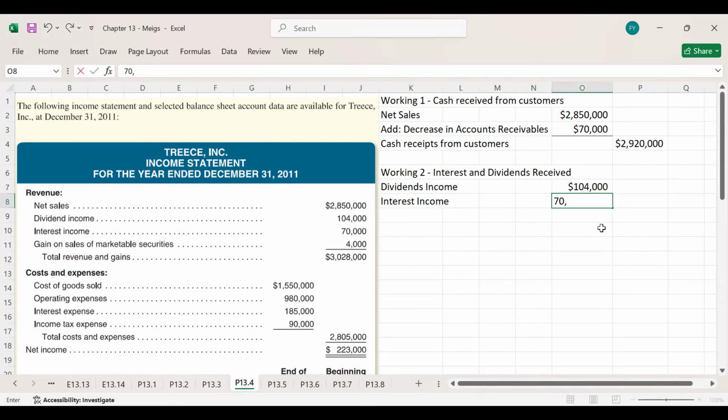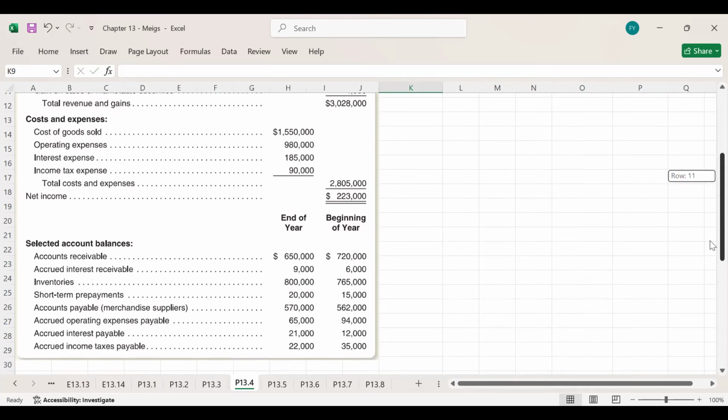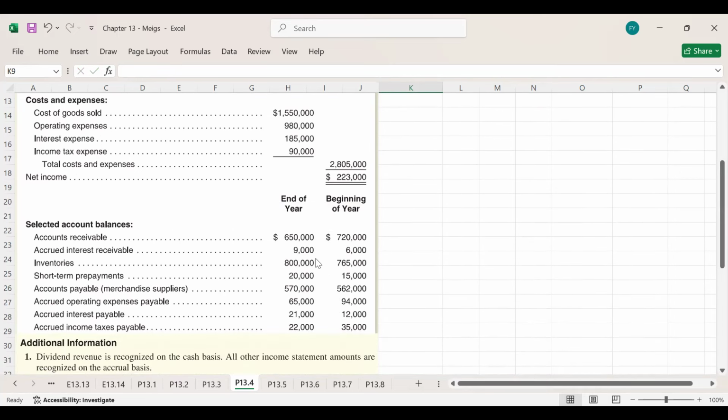So as it is on accrual basis, we are going to adjust any increase or decrease in accrued interest receivable, and you can see that from 6,000 to 9,000 means there is a 3,000 increase in accrued interest receivable.